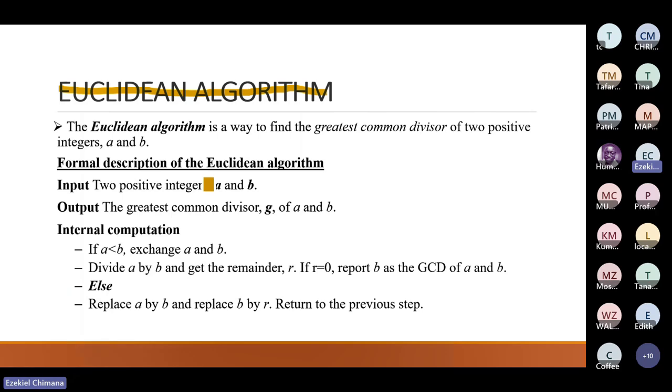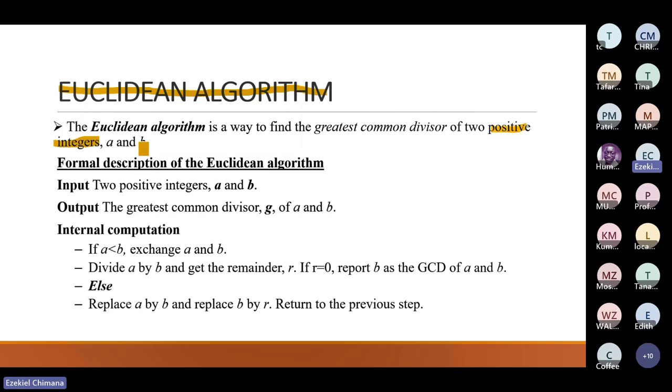The Euclidean algorithm is a way to find the greatest common divisor of two positive integers, A and B. So there is this keyword: two positive integers. The Euclidean algorithm takes two values, A and B, which are two positive integers.